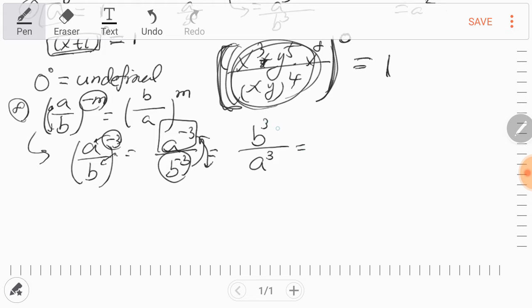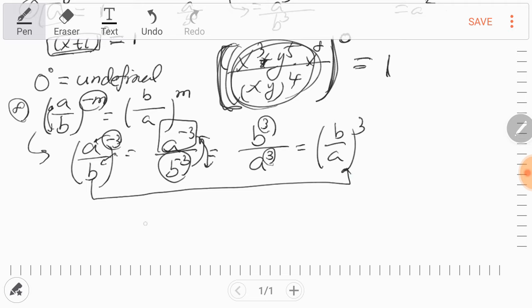Then, since the powers are the same, we can put the bases together. So b over a raised to the 3rd power. So from here, we got this. We can skip all the steps and write the results, using the formula to write the results easily.